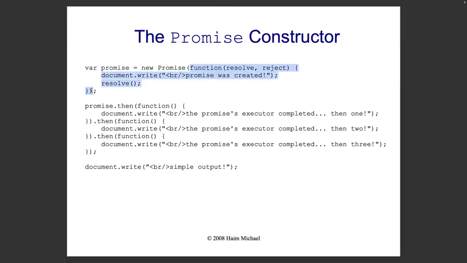And that function that we should pass over to the constructor function promise should include two parameters. The code inside the promise constructor function invokes this function that we pass over, and it passes over to this callback function two functions.